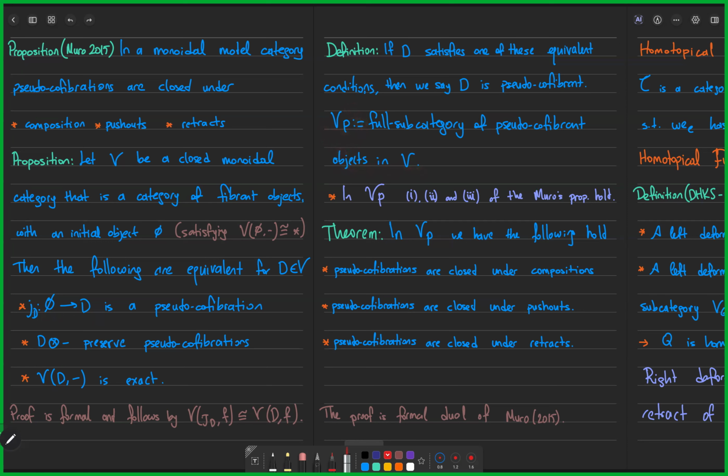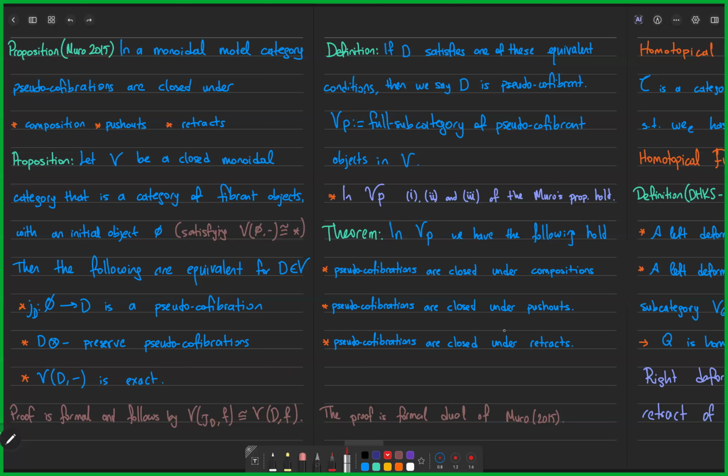And in V sub P, the properties mentioned in this proposition hold. So pseudo-cofibrations are closed under composition. So the composition of two pseudo-cofibrations is a pseudo-cofibration.